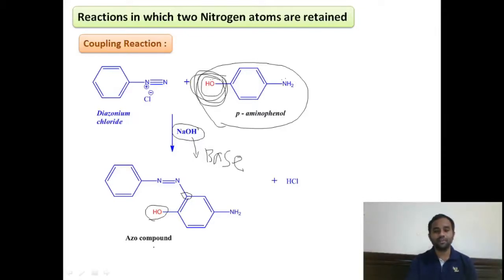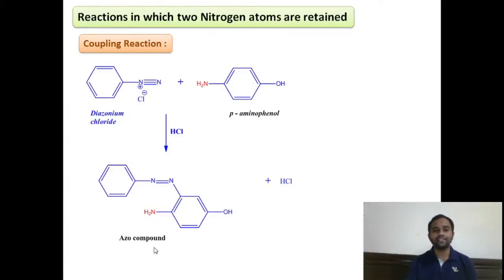Similarly, if we perform the same reaction in the acid medium, here the deciding group is NH2 group, because in this the reaction condition is acid. That's why we will get this azo compound in which the coupling takes place at the ortho position to the amine group.